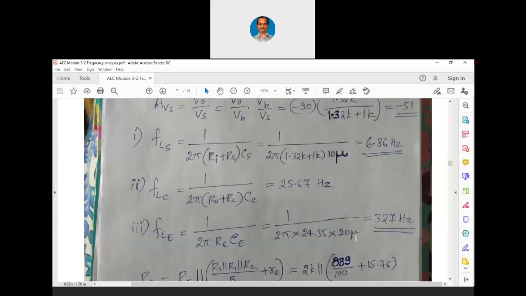Now instead of 200 microfarad, if we make it 2000 microfarad, then it is going to become 3.27 Hz. At that time, it is the output capacitance which is going to be deciding the low frequency cutoff frequency, because then this 25.67 Hz will be the largest value out of all the three.